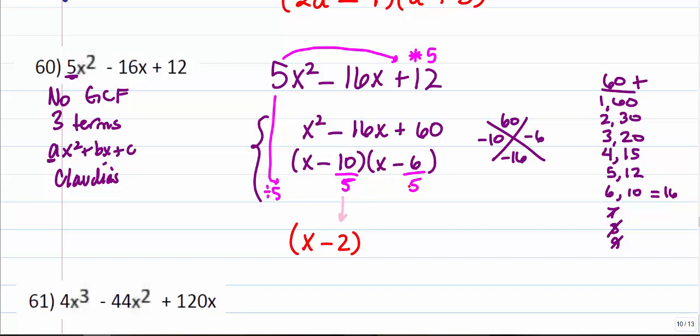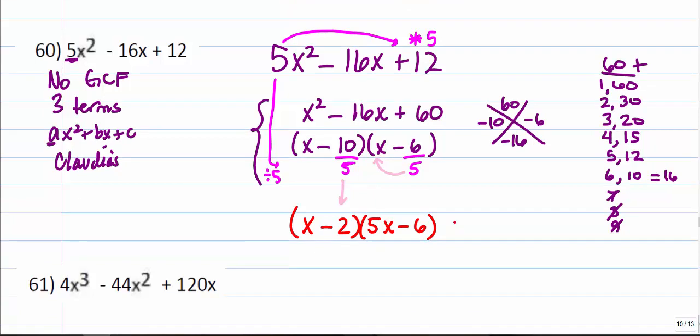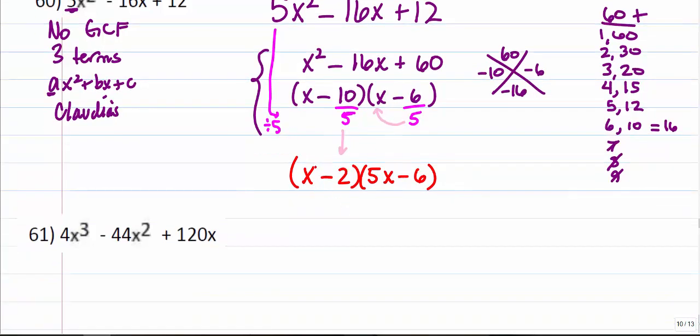It's reduced, and there's nothing else I can do to it, so I'm going to move my denominator in front of my variable, and I'm going to end up with 5 times x minus 6. And so there's the final answer. And again, you can check it by doing first, outer, inner, last, and you should end up with 5x squared minus 16x plus 12.